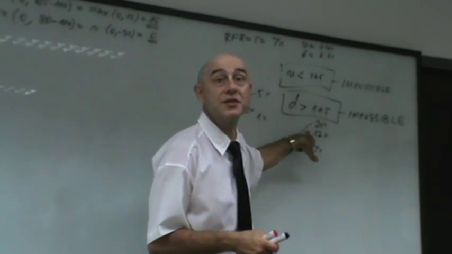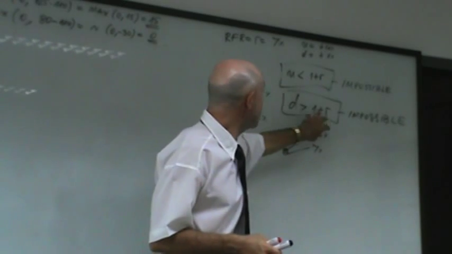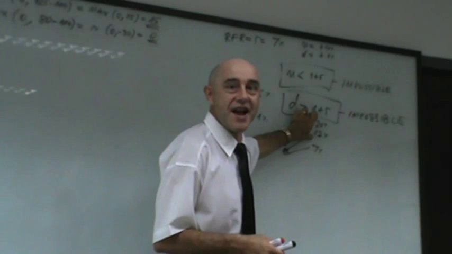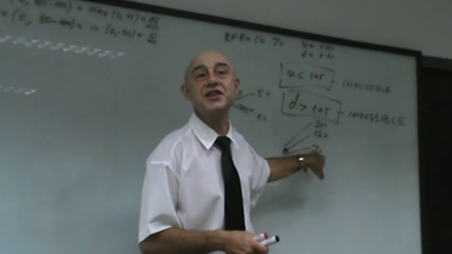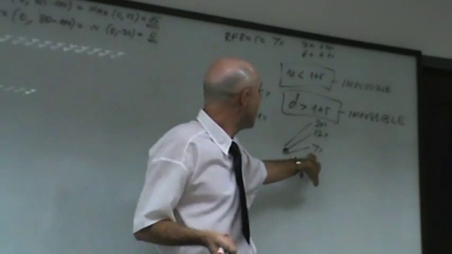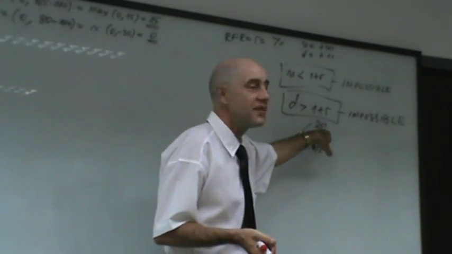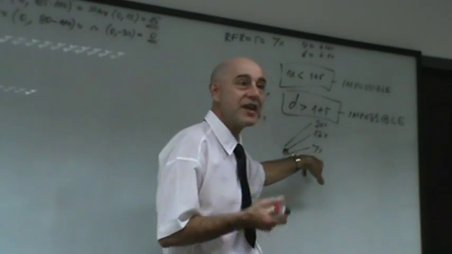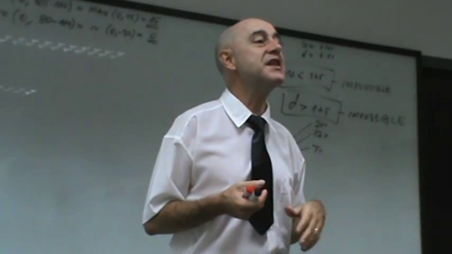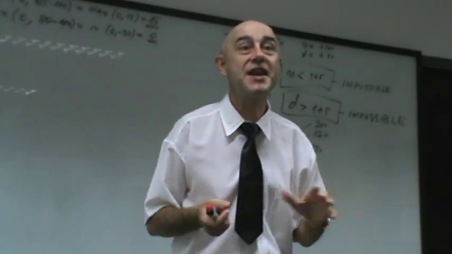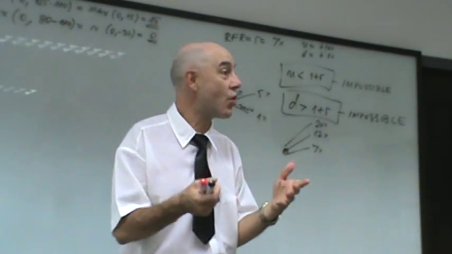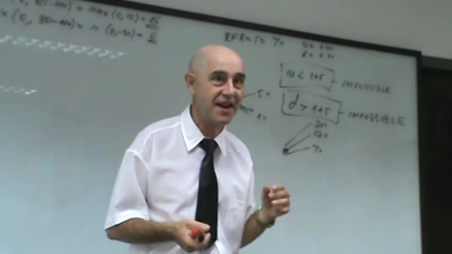This asset is always better, so this is impossible. You cannot have a risky asset that will always give you better than the risk-free. They've been doing this with real estate mortgages, where they say the risk-free rate is 3%, but if you invest in these mortgages, you're going to get 8, 10, 12%.